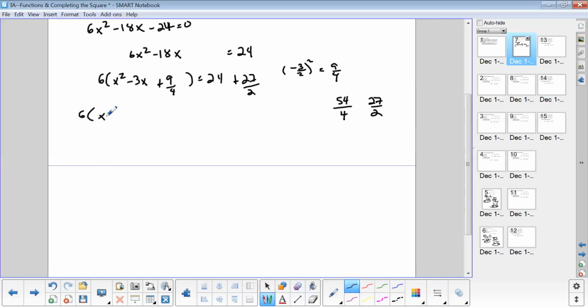It's going to be x minus, and then what's half of 3? That would be 3/2. Or the square root of 9/4 would be 3/2 as well, and that quantity squared. And then if I want to add these together, I have a mixed number. So 24 is the same as 48/2, and 48/2 plus 27/2 would be 75/2.